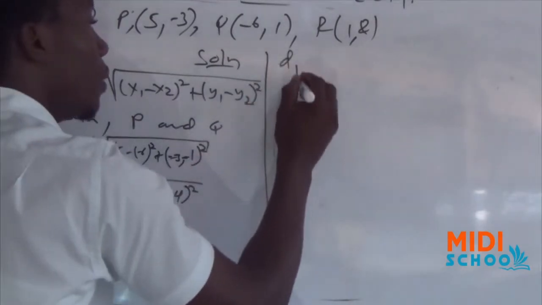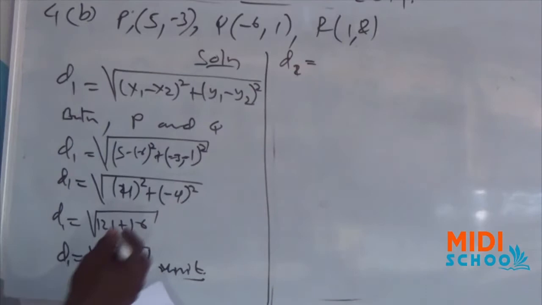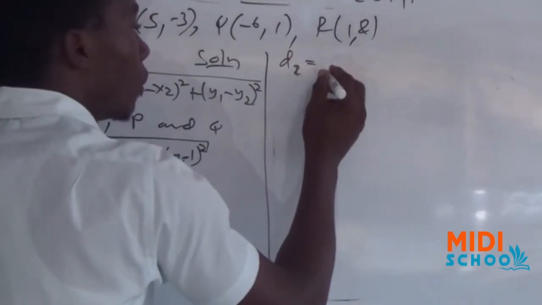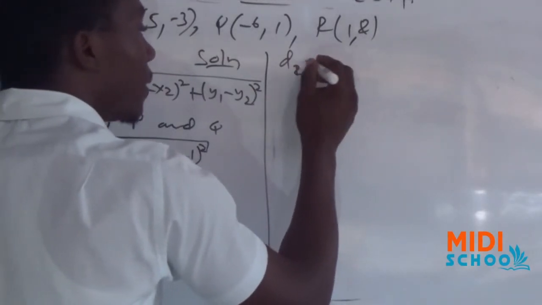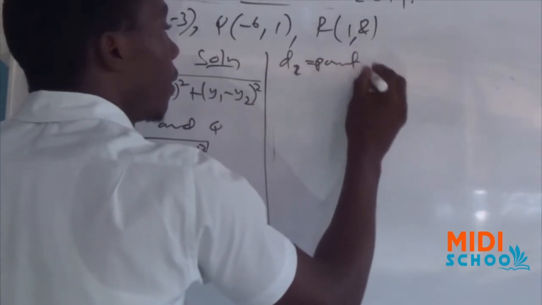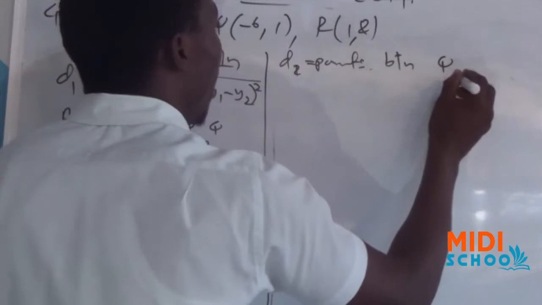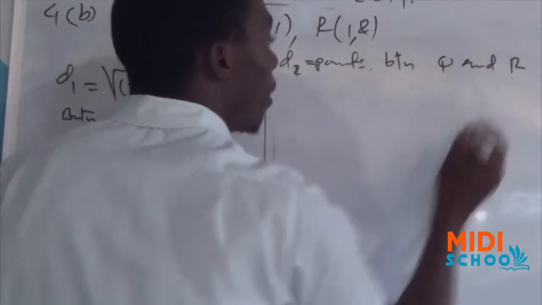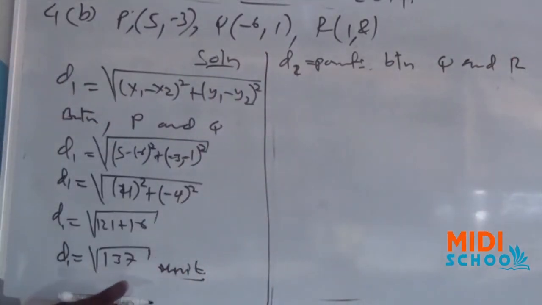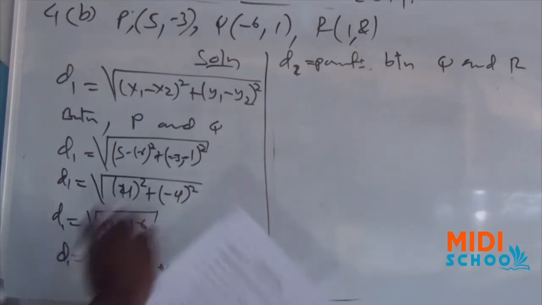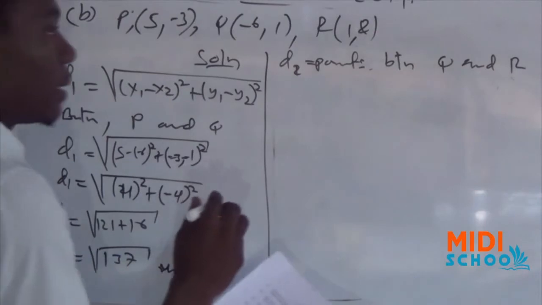Let's come to D2. Take the points between Q and R. We find this until we reach a common distance, since if the values are the same, we conclude that this is an isosceles triangle.